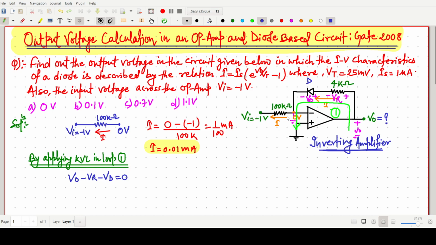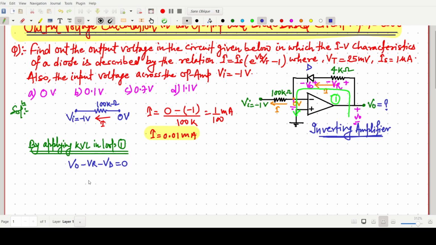Or if you go the other way, you have to write the voltage across this resistance again, so no need, just make a loop like this. So we can say the value of V naught is simply VR plus VD, the voltage across this resistance and the voltage across this diode.